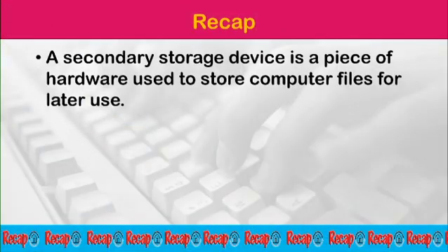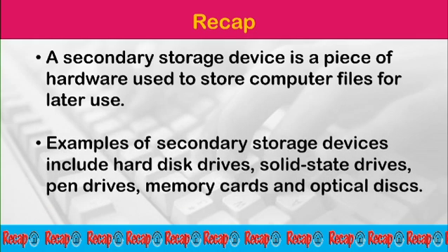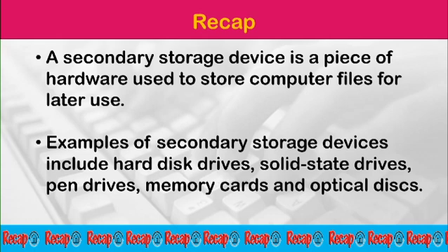Dear students, this is the end of our quick test. I hope that you were able to get all the correct answers. Now it is time for a recap of today's lesson. A secondary storage device is a piece of hardware used to store computer files for later use. Examples of secondary storage devices include hard disk drives, solid-state drives, pen drives, memory cards, and optical disc.